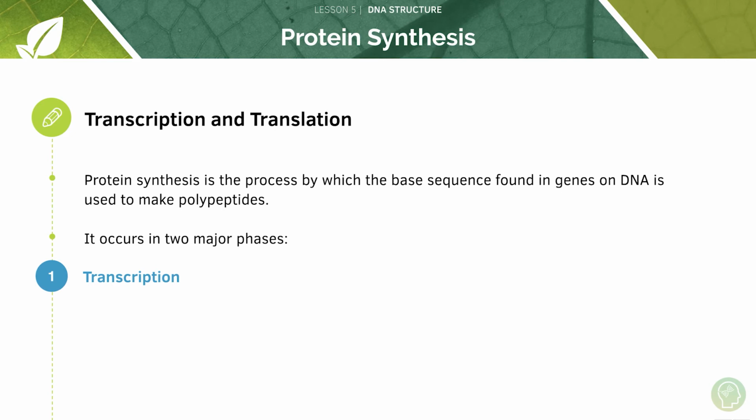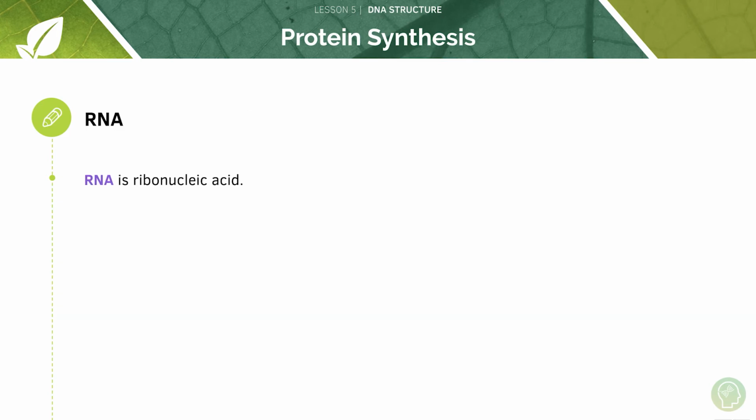We have transcription, in which a strand of mRNA is synthesized from a particular gene template, and we have translation, in which the mRNA attaches to the ribosome, which recruits tRNAs carrying amino acids in order to make a polypeptide. Now that probably sounded like a whole load of gobbledygook, but don't worry, we're going to go on to explain this in a lot more detail.